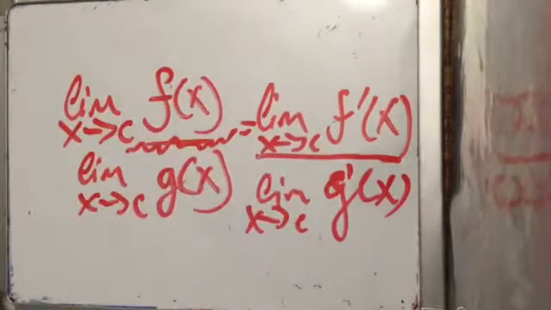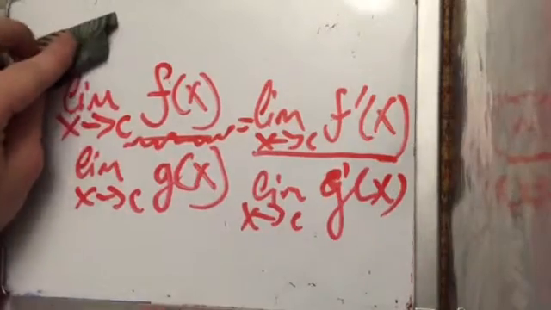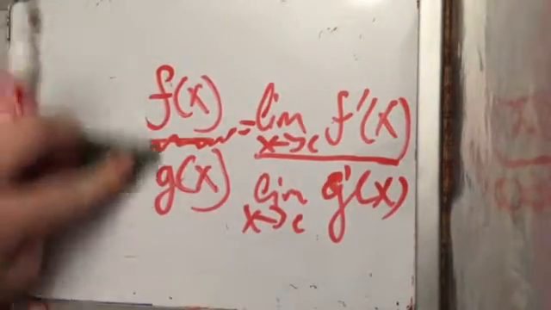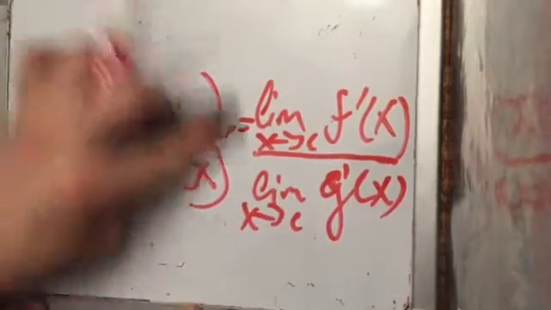By looking at it that way, instead of mistakenly applying the quotient rule as learned earlier, you can use L'Hopital's rule to actually find the limit instead of taking an incorrect path.